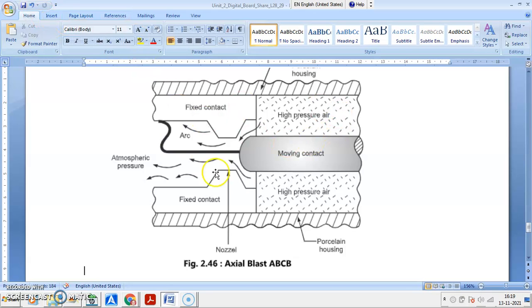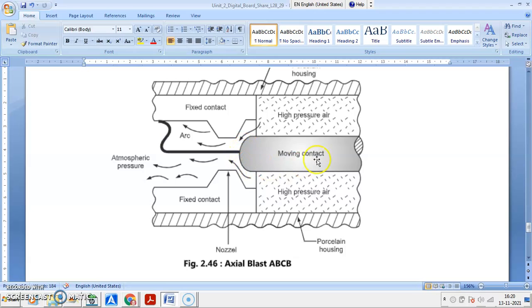So this is the moving contact, and this is the fixed contact. In the closed position, the moving contact is closed with the fixed contact. When the moving contact gets separated, here you are having high pressure, it is filled here. When the moving contact gets detached, the nozzles are provided, and high pressure is applied over the arc.